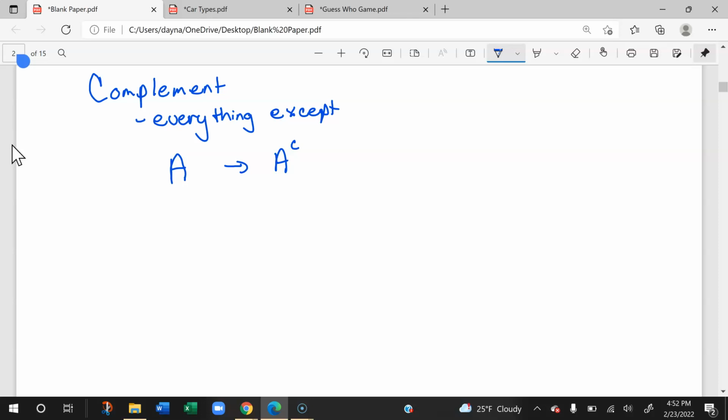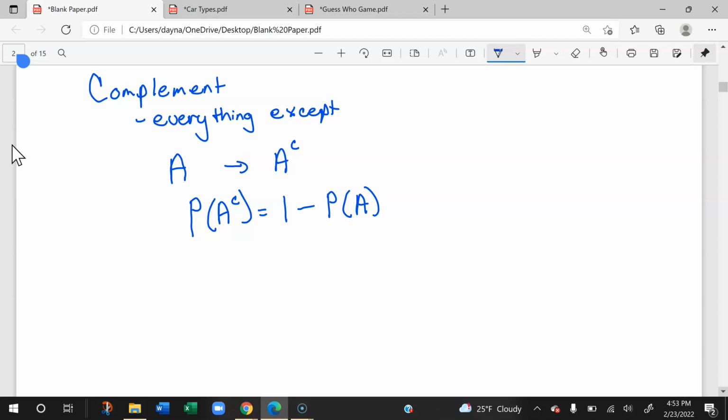When we talk about the probability of a complement, that is actually 1 minus the probability that event A happens. Because again, it's everything except event A. And if you recall, all probabilities have to add up to 1.